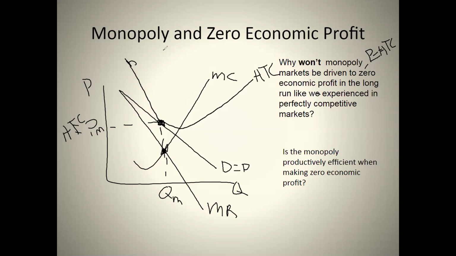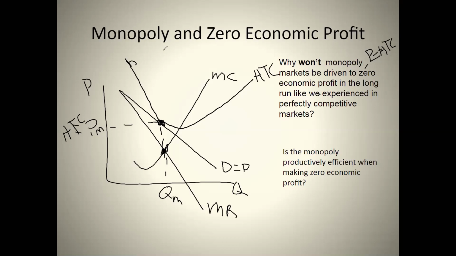So would we experience this in the long run? That's the question out here to the side. Because in perfect competition, we were driven to zero economic profit. So will we have zero economic profit in the long run for monopoly as well? And I imagine that most of you are beginning to understand. You understood very well in the last unit that zero economic profit was the result of freedom to enter and exit the market.